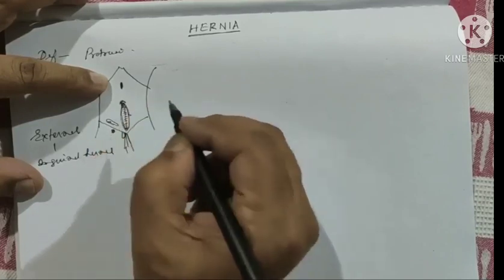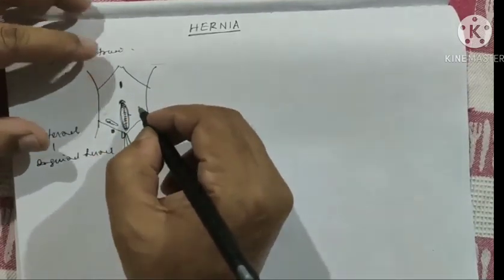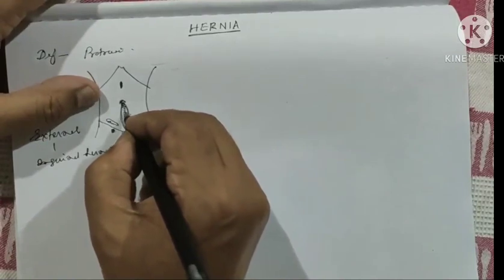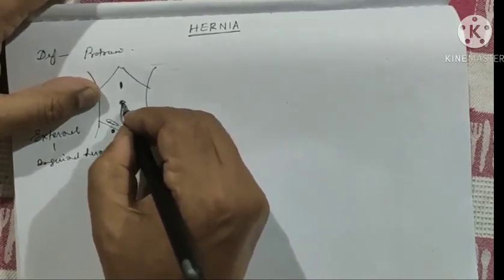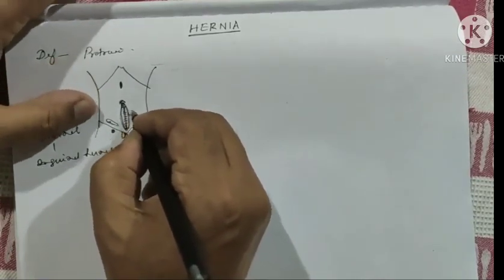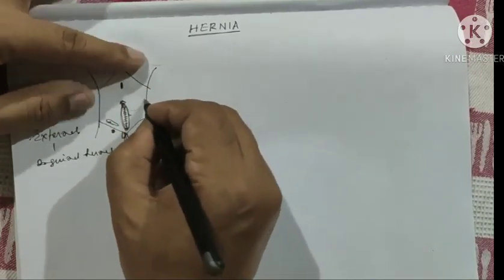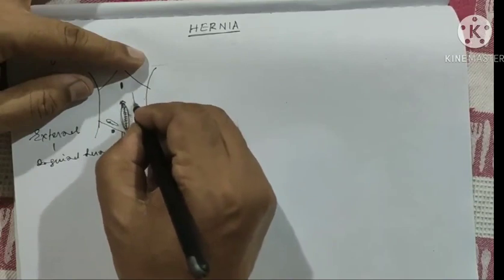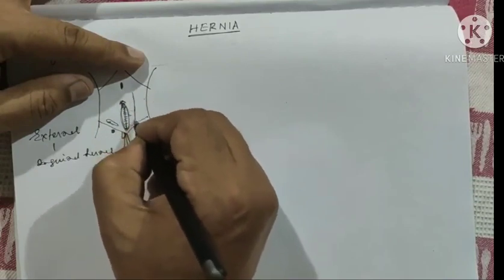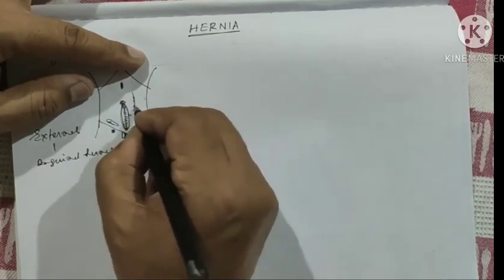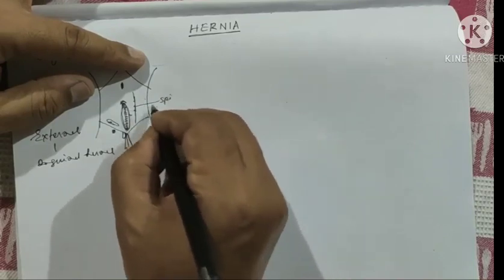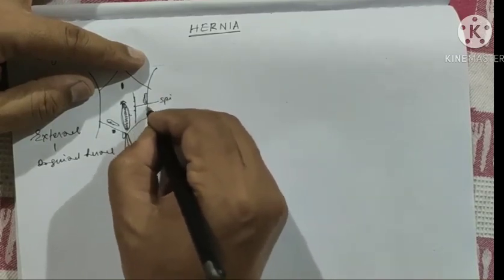This usually occurs in nullipara cases, where the linea alba is stretched and the rectus becomes separated, producing a hernia. Some hernias may be just lateral to the rectus, which is known as Spigelian hernia, and some may be lumbar hernia.